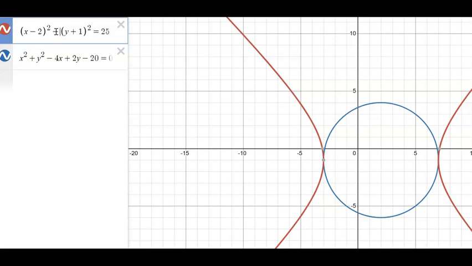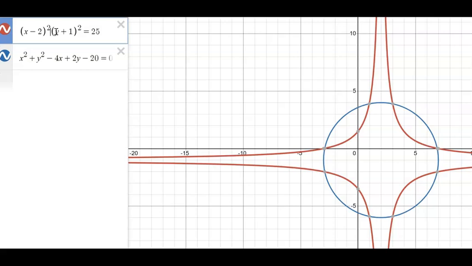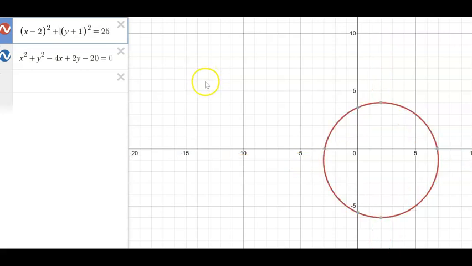Notice, by the way, how it's kind of tangent with the circle. That's not a coincidence. And as I make minor changes here, I am significantly changing the way the shape appears.